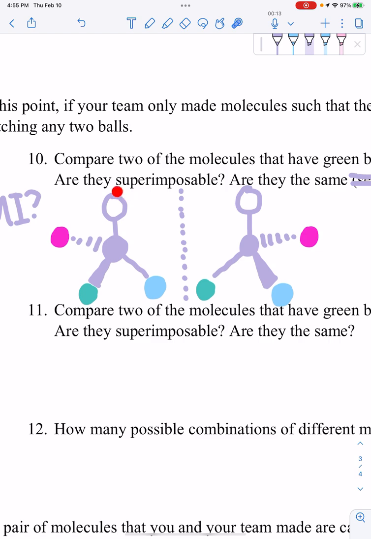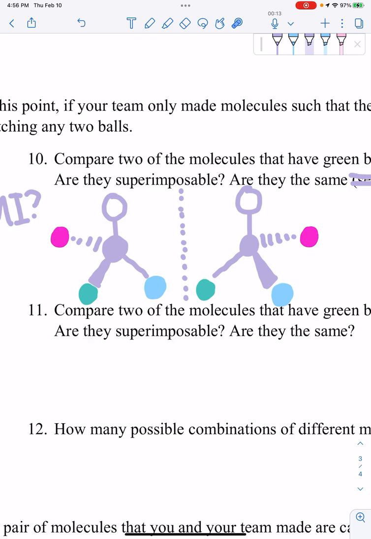We have the white ball on top of the central tetrahedral atom, and that's also reflected on top on the right. So we're off to a good start. And we can also notice that on the dashed bond here, that's the furthest away from the mirror plane, that's the red ball, and that's exactly reflected on the right side as well.